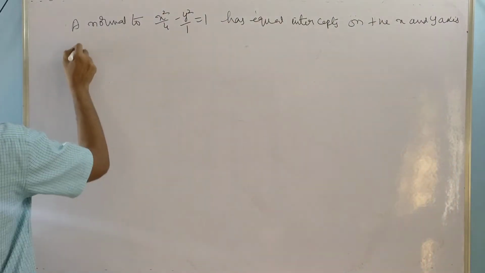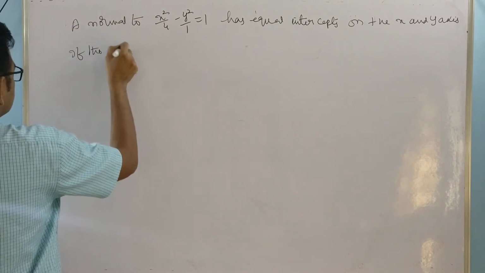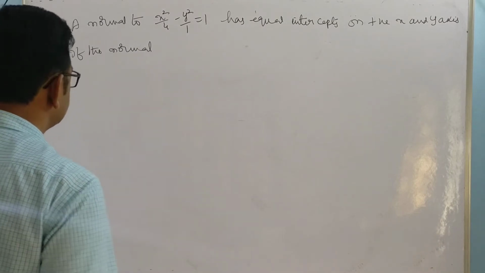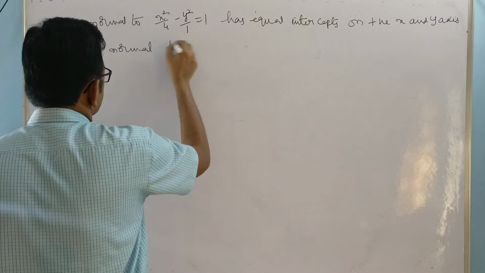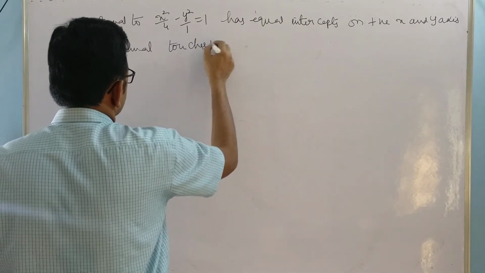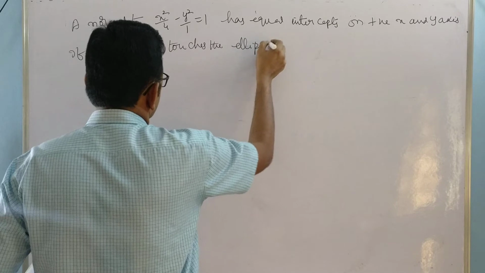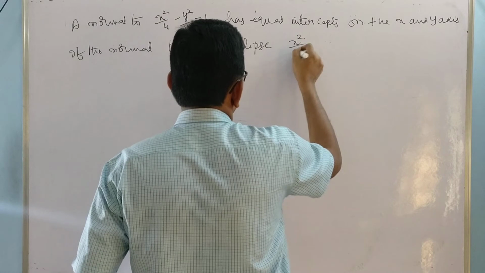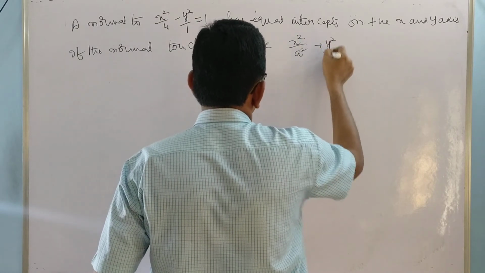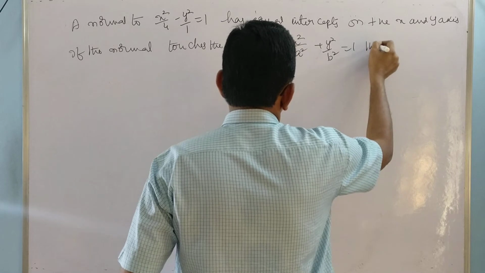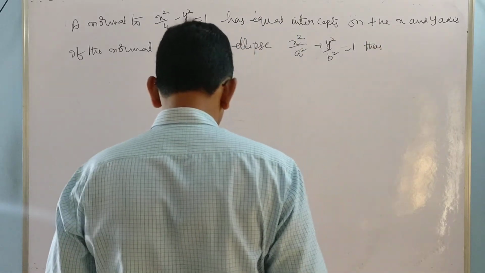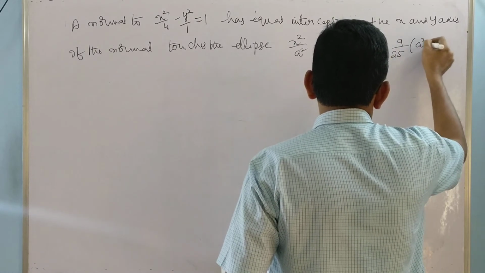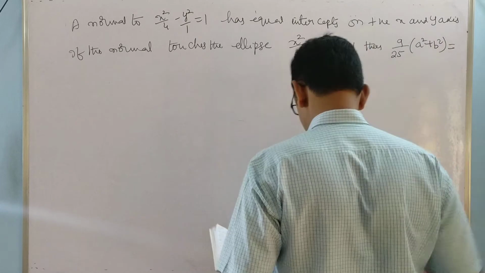If the normal touches the ellipse x square by a square plus y square by b square equal to 1, then 9 by 25 into a square plus b square is equal to?